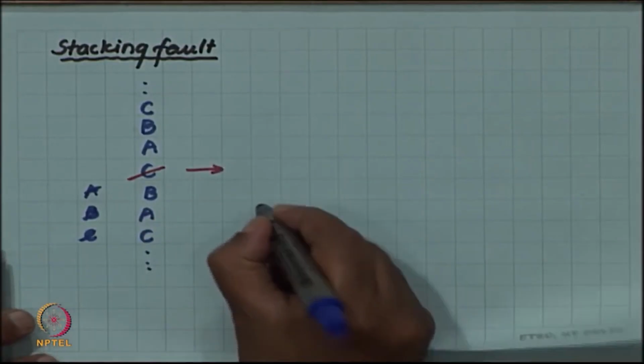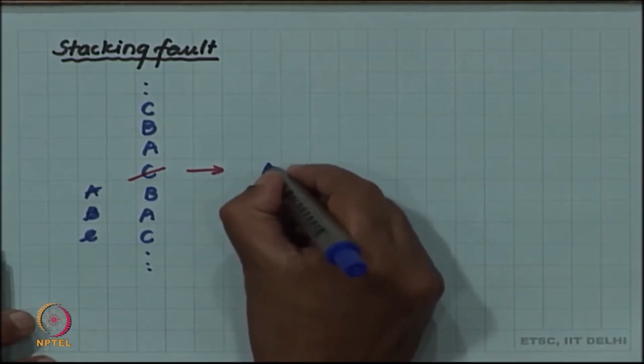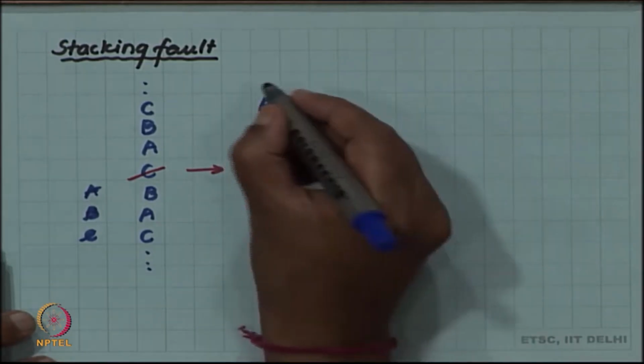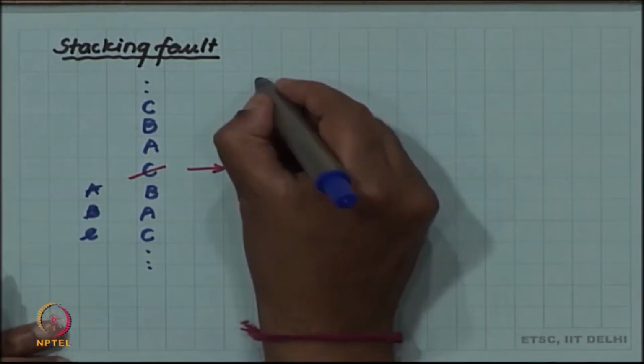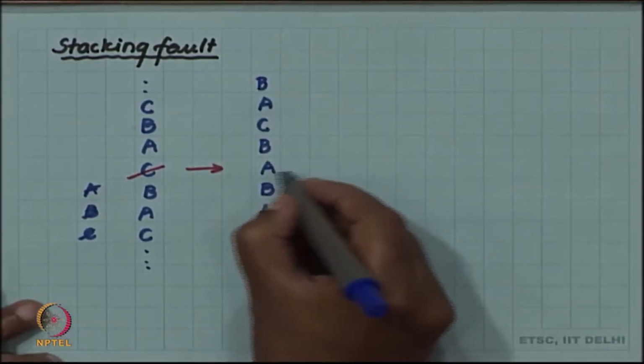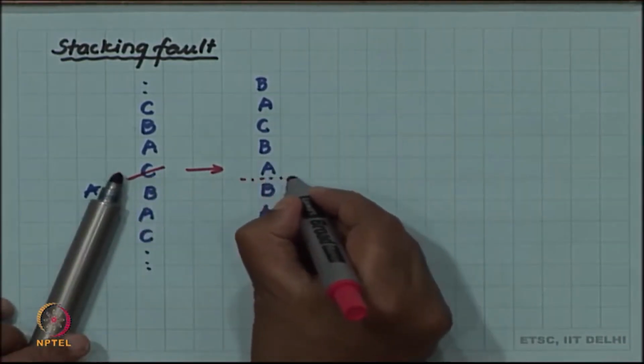So, I got CAB, then ABC, this is the fault plane.